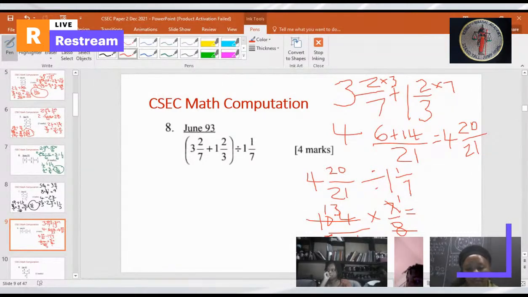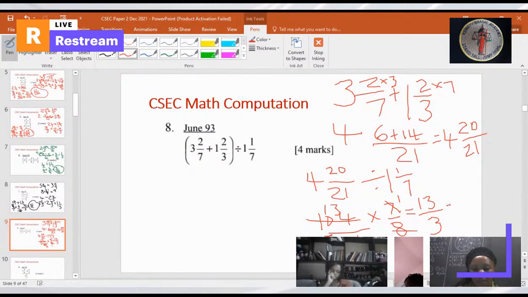So in the numerator we have 13 times 1, which is 13, over 3 times 1, which is 3.